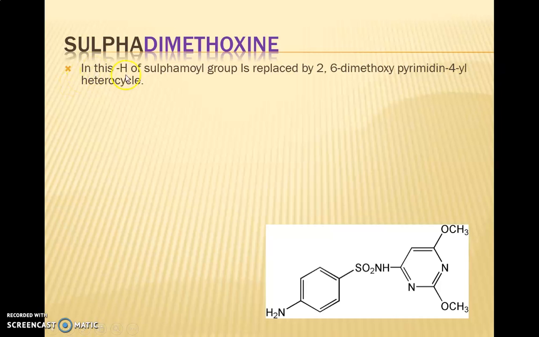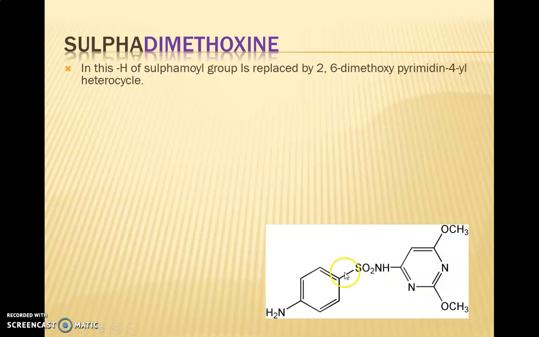So it indicates that in this, the hydrogen of the sulfomoyl group is replaced with a 2,6-dimethoxypyrimidine 4-yle heterocycle. It means that if you're talking about this structure with SO2 NH2, this para-aminobenzene sulfonamide or sulfomoyl, one of the hydrogens got replaced with this pyrimidine with 2,6-dimethoxy, which is attached at the fourth position to this sulfomoyl group.